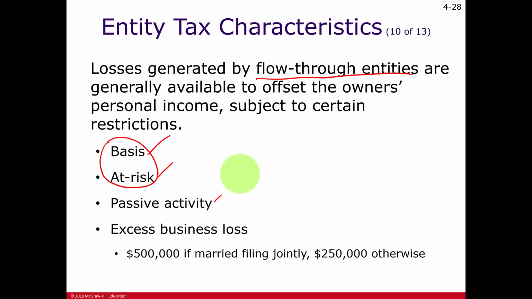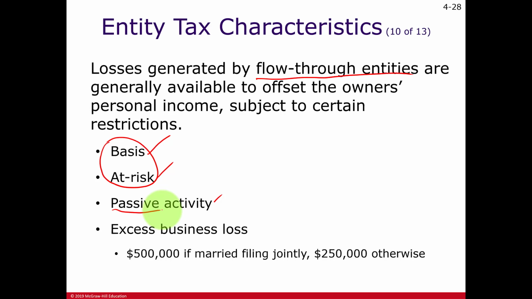If you're an investor in a business and you're not actively working, you're considered to be a passive owner. And if you are allocated losses, your losses are considered to be a passive loss. Generally can only be deducted when you have passive income to offset.